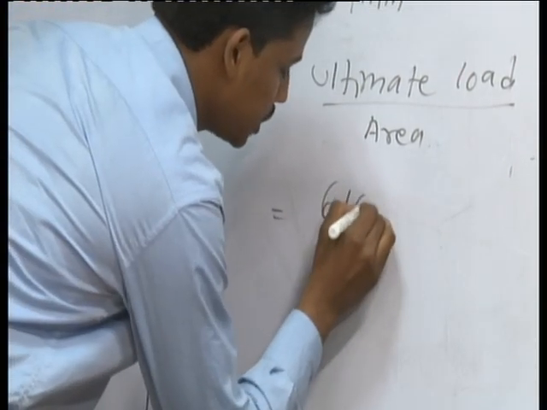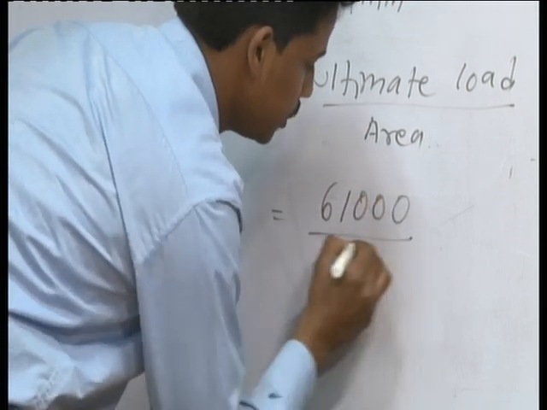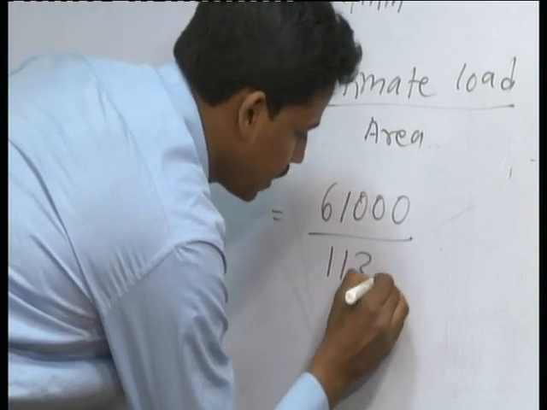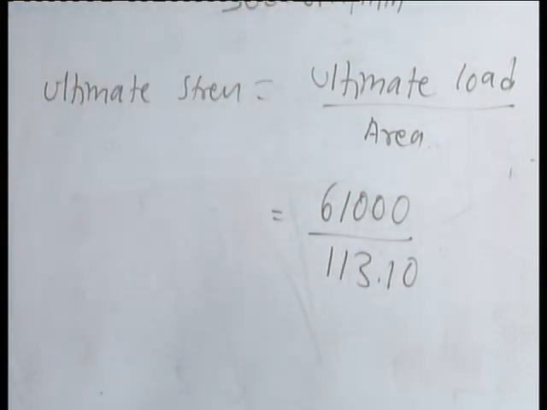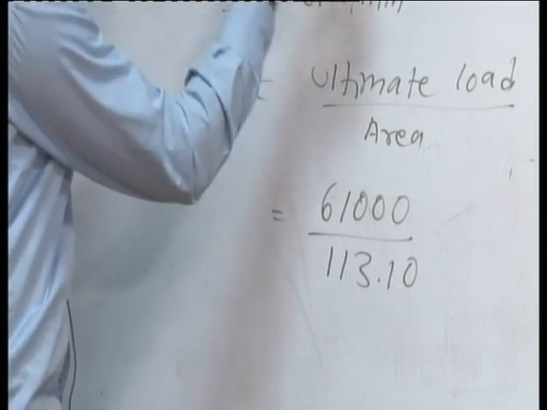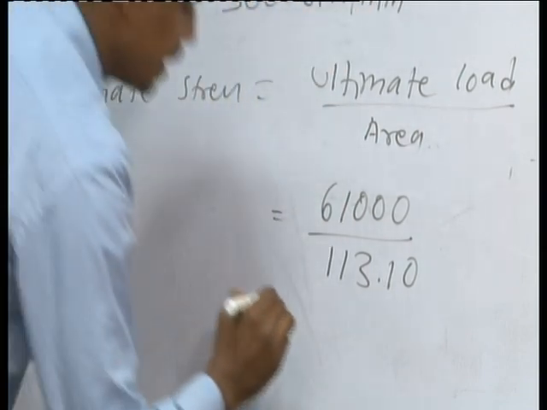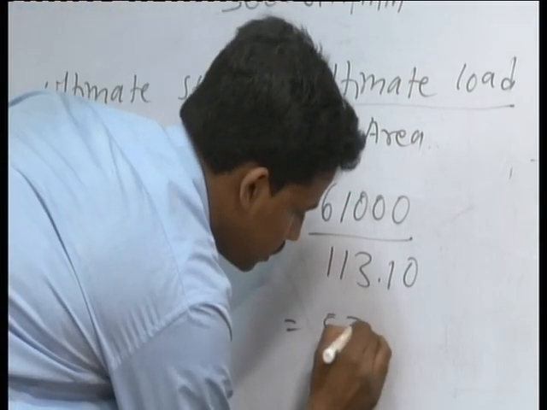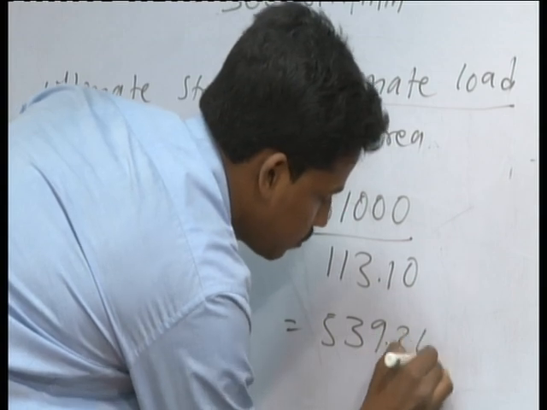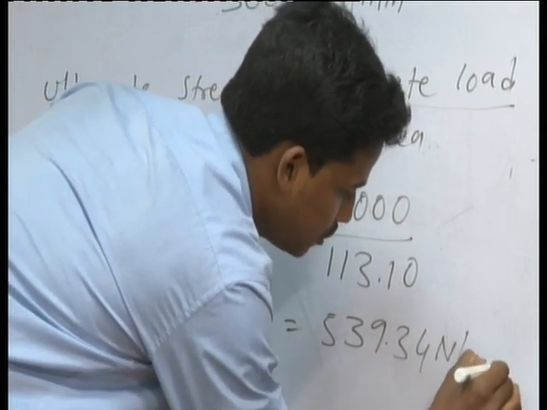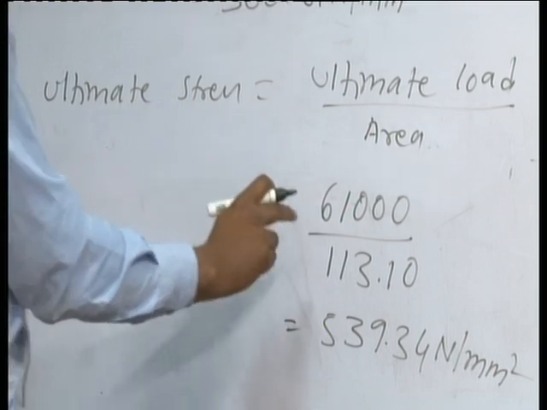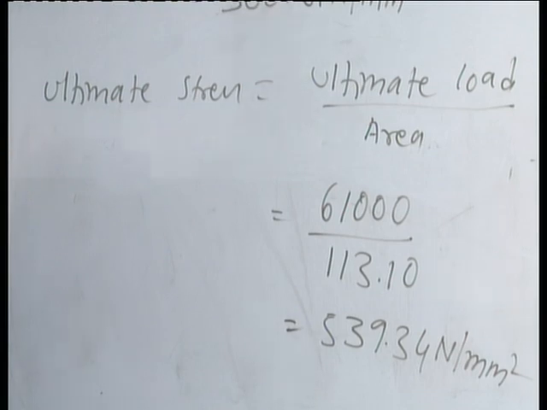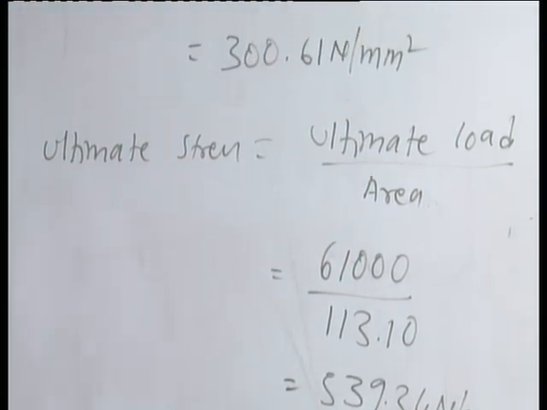We are converting kilonewton into Newton, so 61,000 Newton divided by the area 113.10. If you solve this, we will get the ultimate stress as 539.34 Newton per millimeter square, because we have converted kilonewton to Newton.